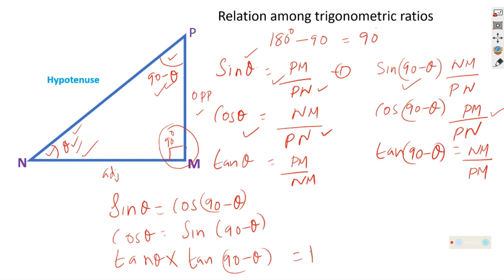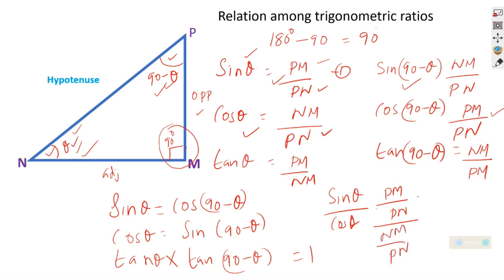On the other hand, if you think about, for fun, sin theta upon cos theta, we can just simply do this exercise of writing one upon the other. So what will we write? Sin theta is this Pm upon Pn, correct, divided by cos theta, which is Nm upon Pn.